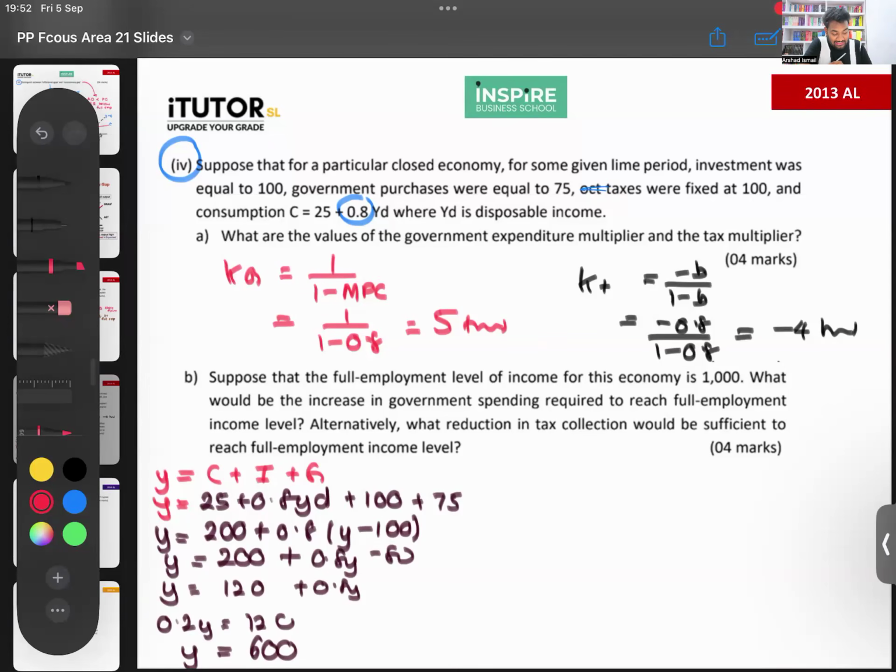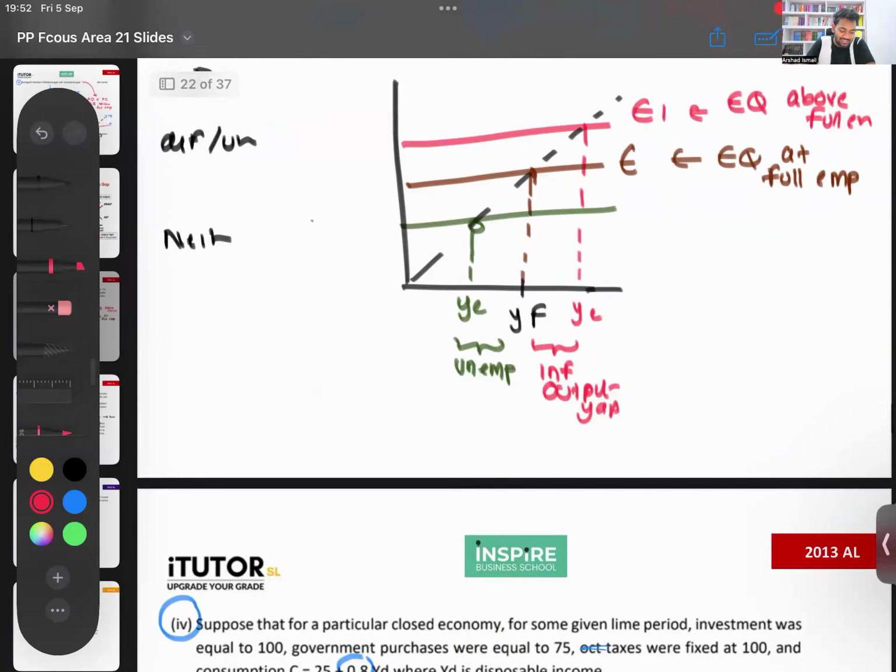Now the question is saying the full employment level of national income is 1000. Can you tell me, is this an inflationary output gap or a recessionary output gap? Your full employment is 1000, but your equilibrium is at 600. You're at equilibrium below full employment. This is a recessionary output gap. That's what we learned in these questions.